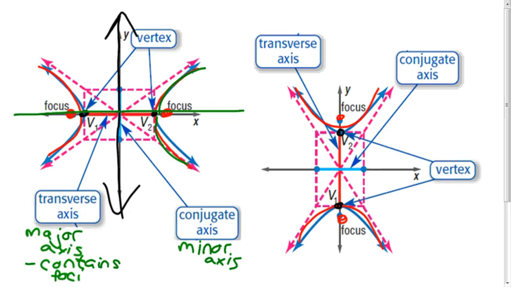It's going to be that principal piece to it. When you start figuring out what your equations are going to be, you're going to determine which direction these are opening. So in the left case here, our major axis is our horizontal axis. So when our major axis is our horizontal axis, it's going to open left and right. Versus when our major axis is our vertical axis, that's when it's going to open up and down.